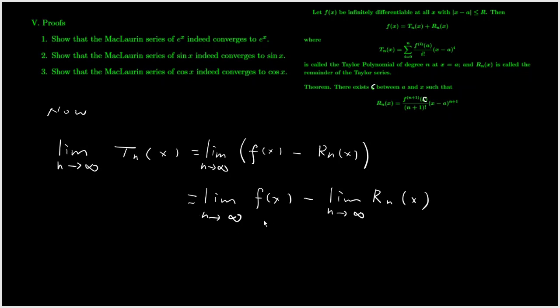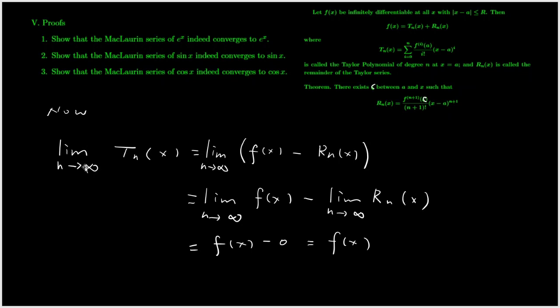So when taking that limit, you treat x as a constant. I mean, you can treat the whole f of x as a constant because this thing is independent of n. So the first term is just f of x, and then we have seen the limit of the remainder is equal to 0. So it's minus 0. So the whole thing is f of x.